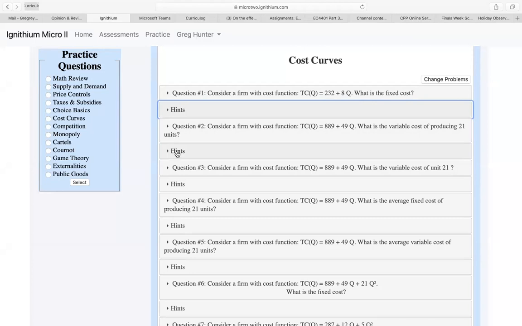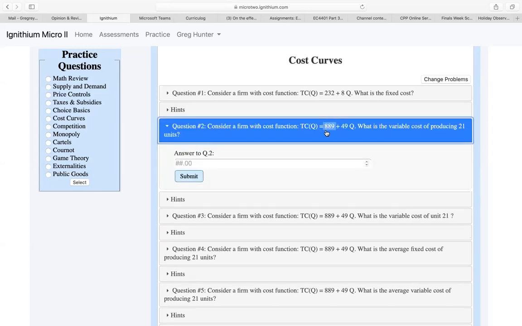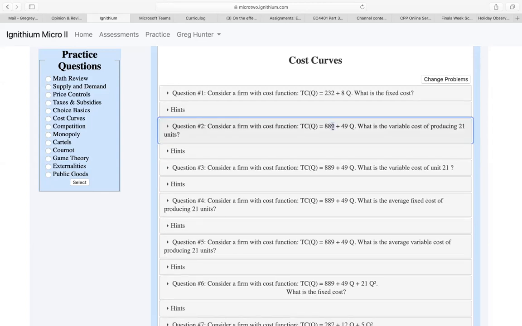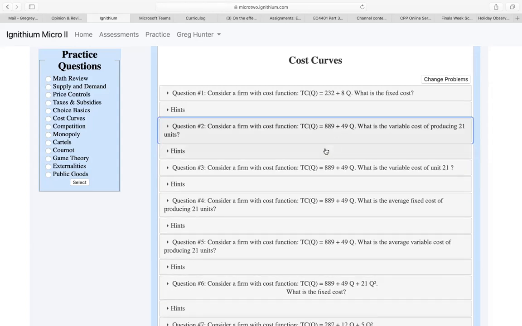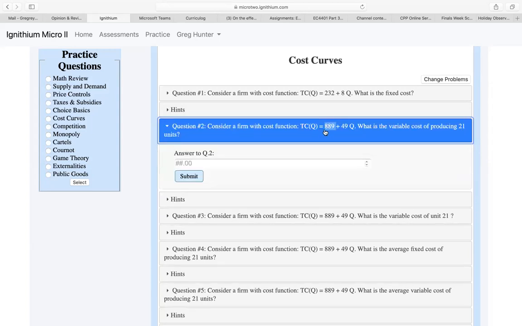But remember, you have to get rid of that part, because this is the total cost. Total cost is equal to variable cost plus fixed cost. So if you just plug in Q, you calculate the total cost. To get the variable cost, you have to subtract off the fixed cost.